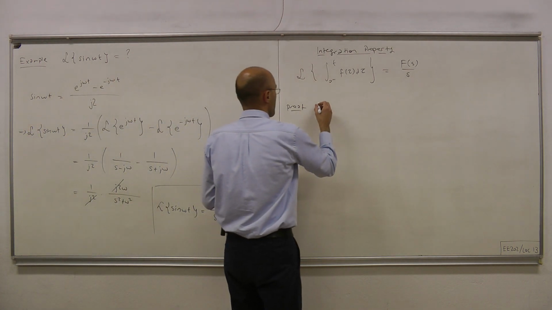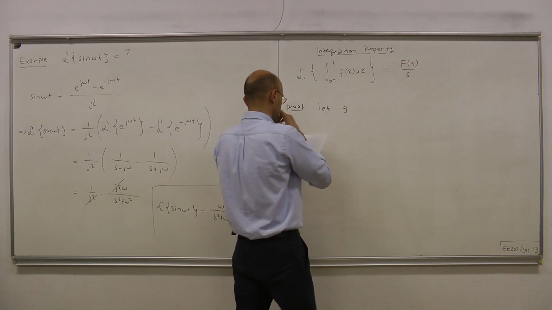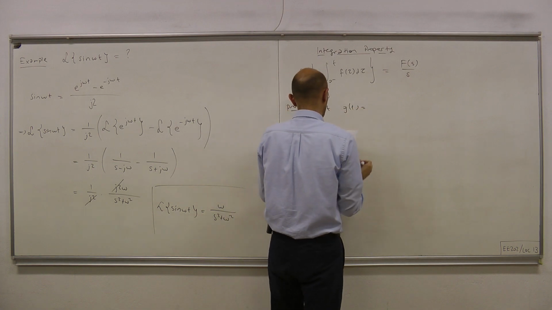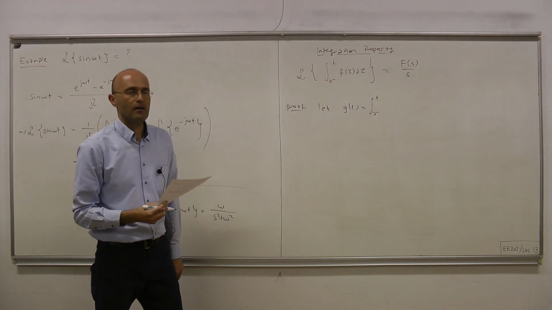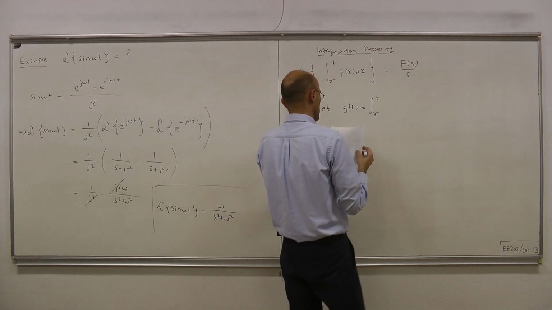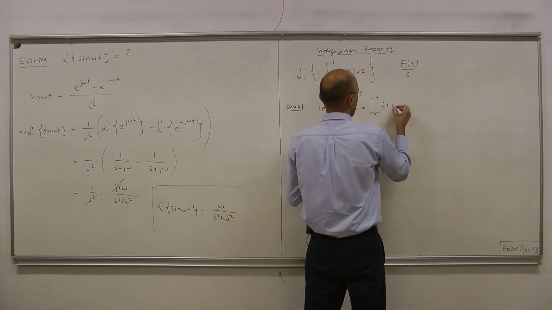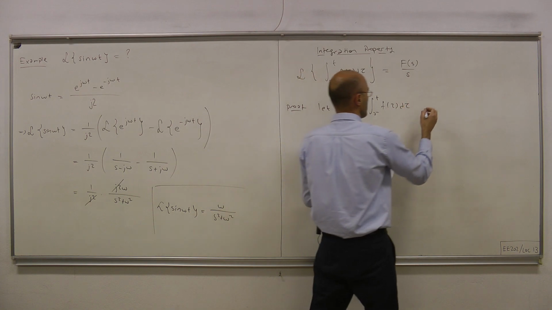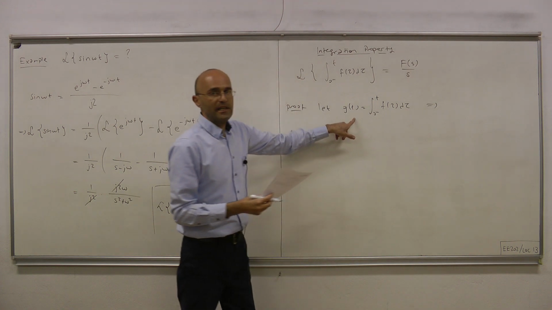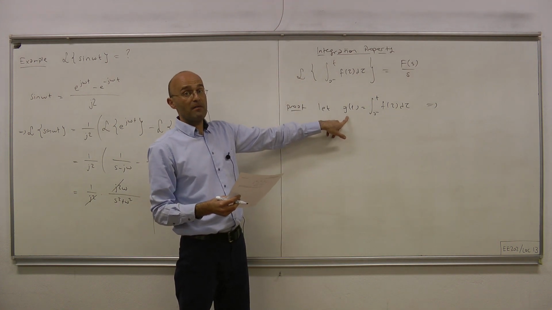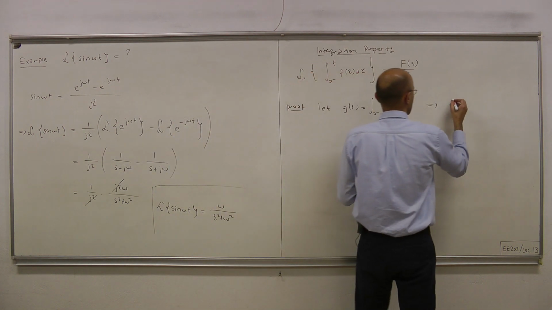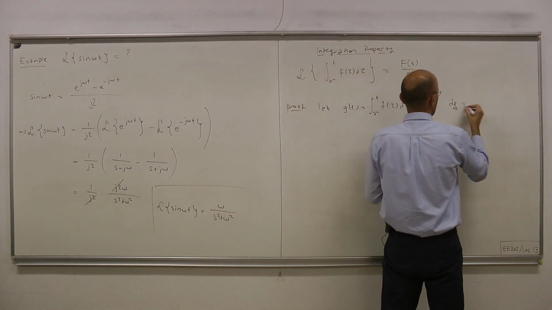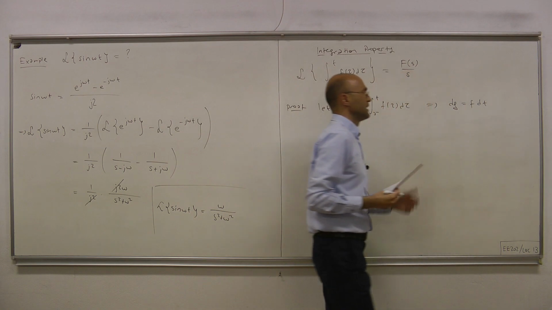Let g of t be the integral of f of tau d tau, from 0 minus to t. This clearly implies the time derivative of g equals f of t. In other words, we can write dg equals f of t dt.